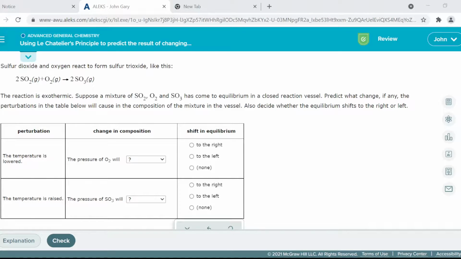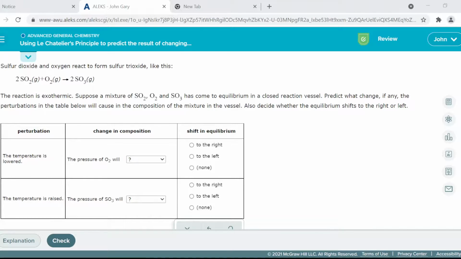So I want to show y'all a couple little tricks that I use to kind of keep straight everything that's going on in these reactions. Alright, so let me pull this up. First I want to look at this reaction that they give me: 2SO2 plus O2 will yield 2 sulfates.